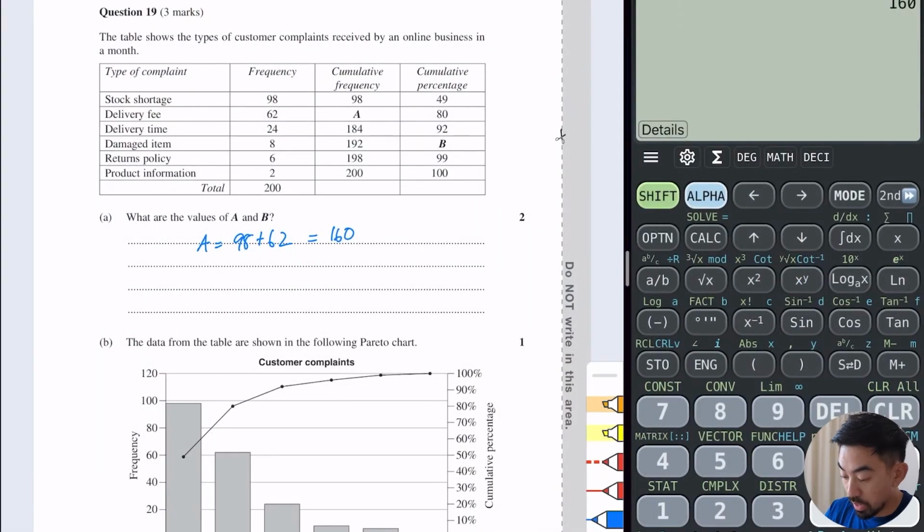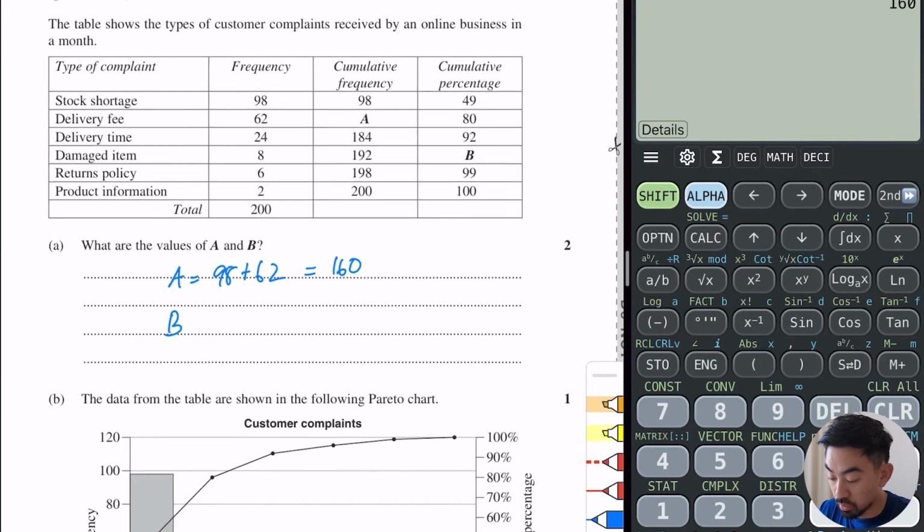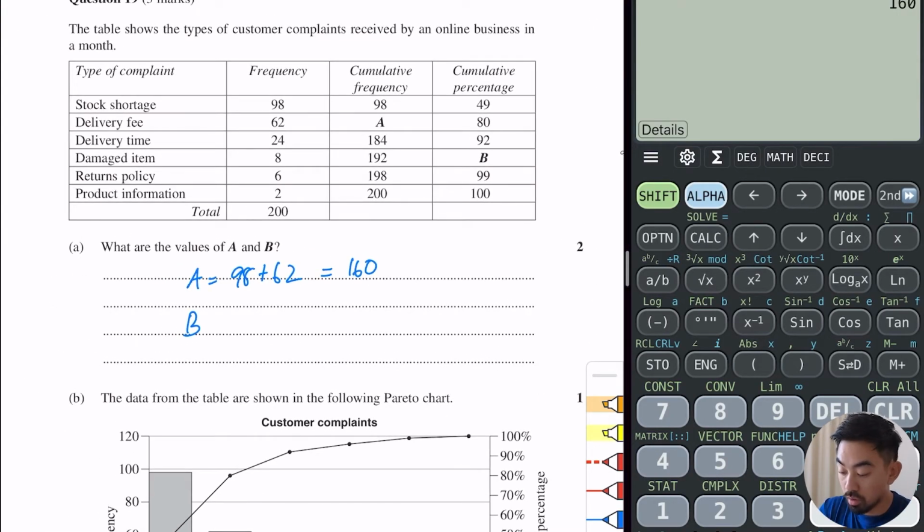Now what is B? Okay, so B is just my cumulative percentage. What it's trying to say is what fraction of the total is 98, as a percentage? So that's 49. Now, if you didn't know in a test, you can just verify: 98 divided by 200 times 100 gives 49%. So that's how you would get your cumulative percentage.